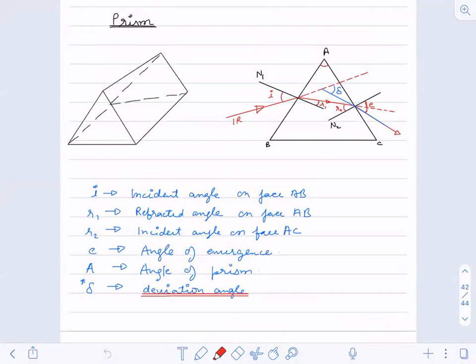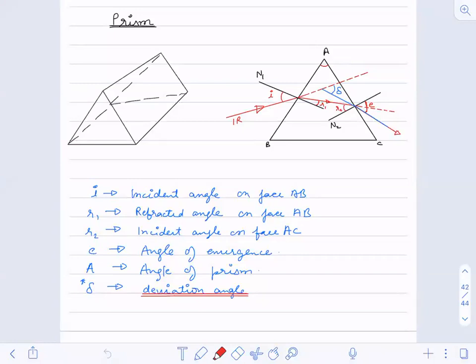Anybody who has any doubt may ask, because I'm going to do a mathematical analysis of this. So it's very important for you to understand all the angles first. What is the angle of incidence? How do you take it? Angle of refraction R1 and R2, angle of emergence, angle of prism, and deviation angle.